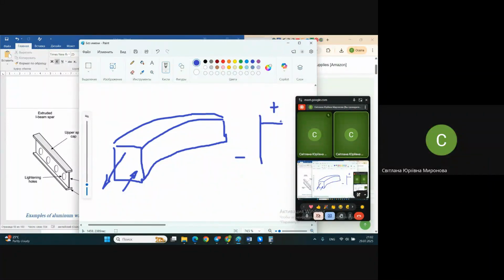Somewhere the outer layers are most extended. Somewhere we have a zero line where there is no extension or compression, the zero bending line. And somewhere we have the maximum compression forces.